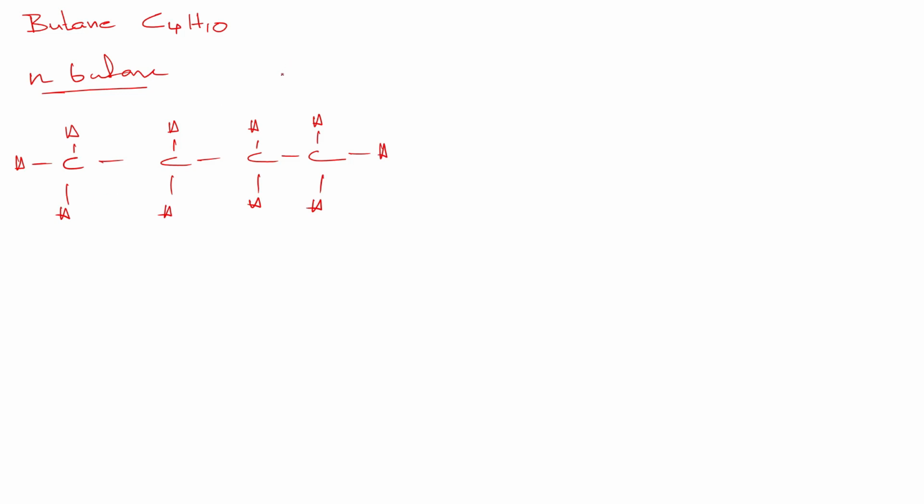Now let's write the other structural formula, which is isobutane. What we are going to do here is write 3 carbons in the main structure, 1, 2, 3, and write a carbon here as a branch.